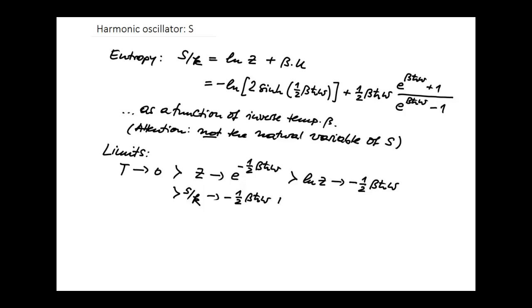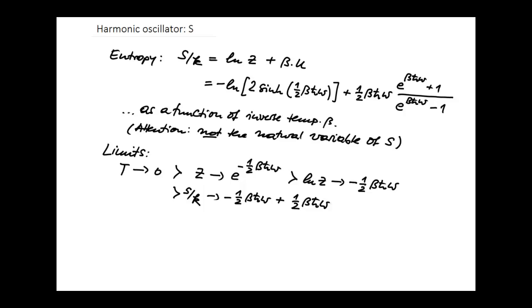And for beta times U, we said on the previous page, as the temperature goes to 0, the internal energy goes to its ground state energy, which is 1/2 h bar omega. So beta times U goes to 1/2 beta h bar omega. And you see that these two terms exactly cancel.